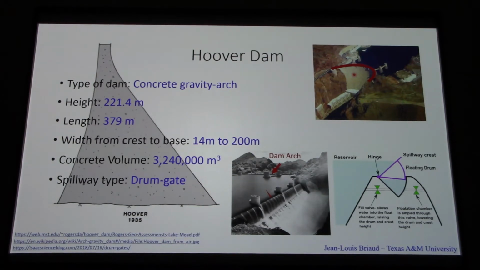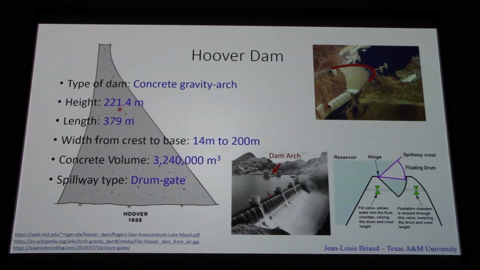And so that was the case. You can see here that the dam is here, and the spillway is upstream and spills to the side. And here is the spillway right here, and the dam is there. The water is flowing in this direction.